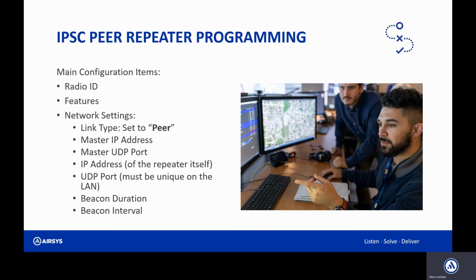And what the beacon does is, if your subscriber radio is idle, it will listen out for beacons from the repeaters. And what that does is it tells the subscriber radio that you are connected to the IP site connect system.